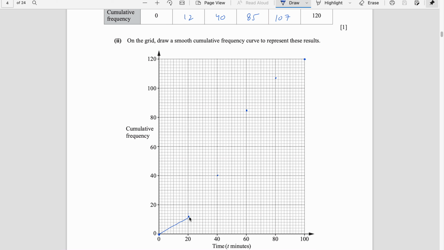Draw this smooth curve as accurately as possible.